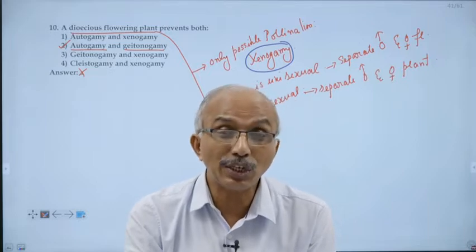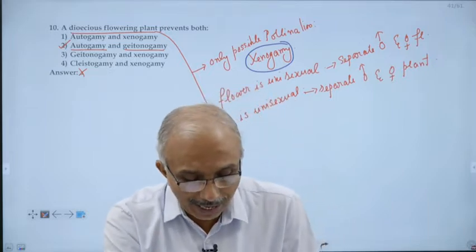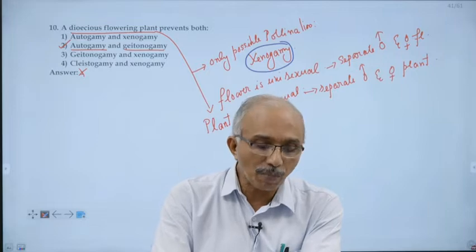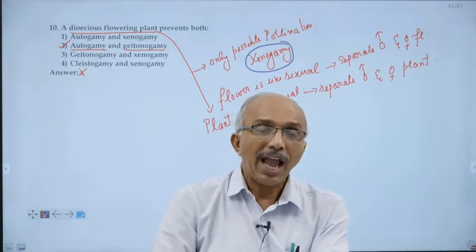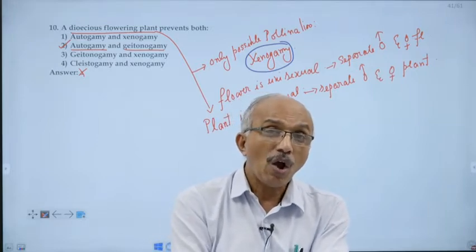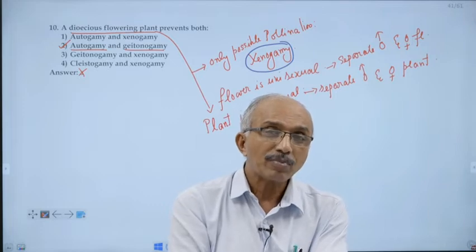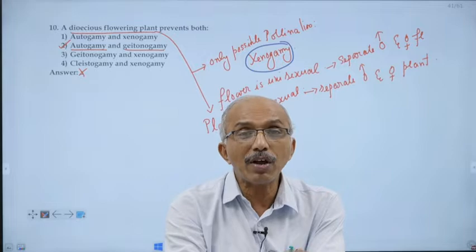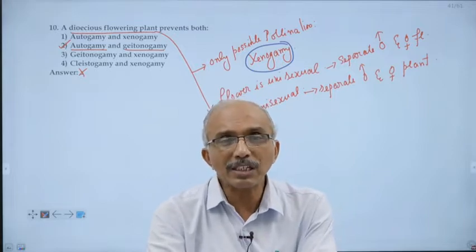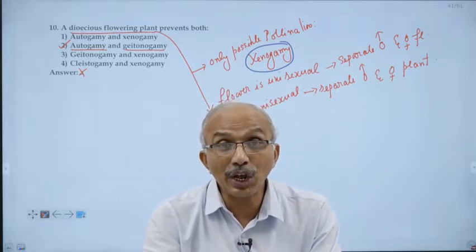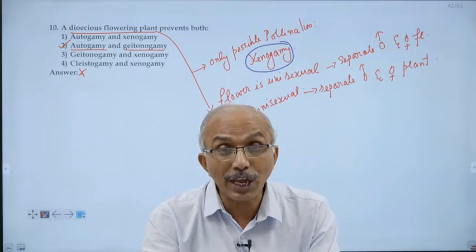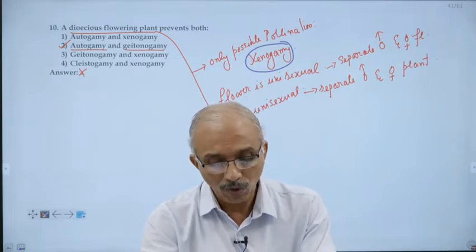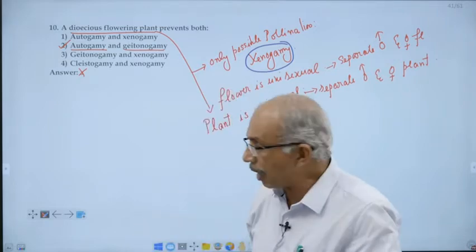Stenogamy is the transfer of pollen grains from anther to stigma of a different flower on a different plant. Okay.